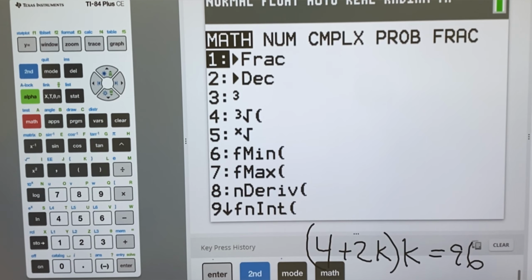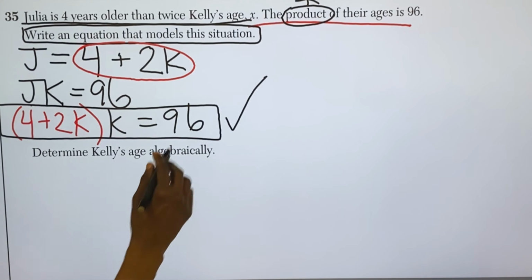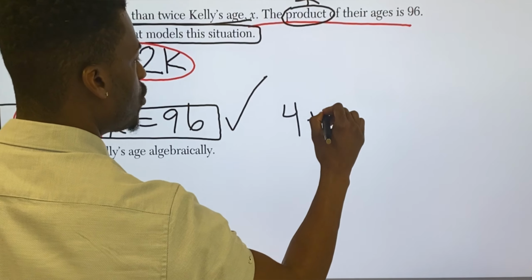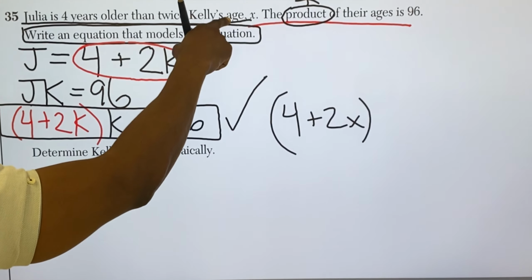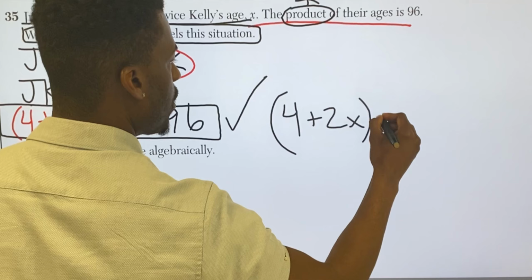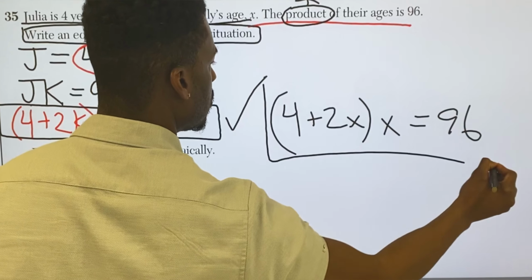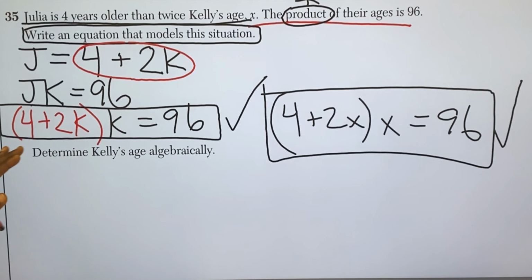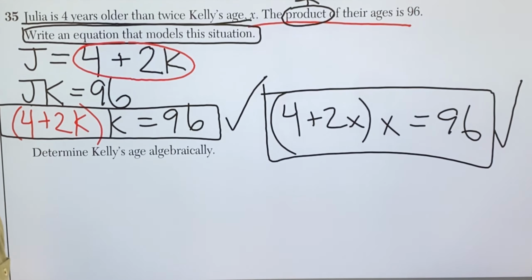Yes, you would use X. And actually, you brought up a good point. Real quick, in your answer, you should actually have 4 plus 2X, because they want Kelly's age to be X, times X equals 96. This is what it really should be. Both are technically correct, but they did ask for Kelly's age to be labeled as X. So good point.